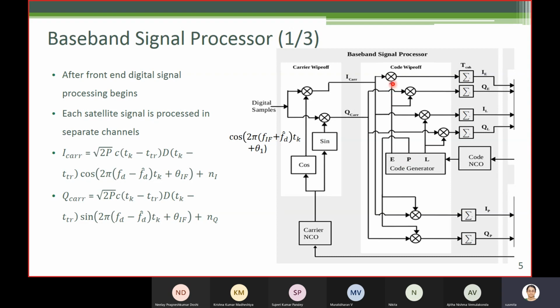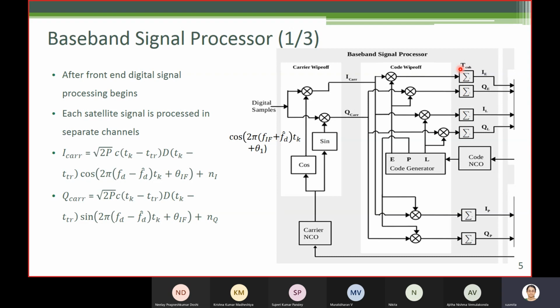Now what we are doing here, we are multiplying the samples, and then this notation is for summation. We sum up all the samples over this interval, the coherent integration time, T coherent. In case of this SPS signal, which we are considering here, T coherent varies from 1 millisecond to 20 milliseconds.